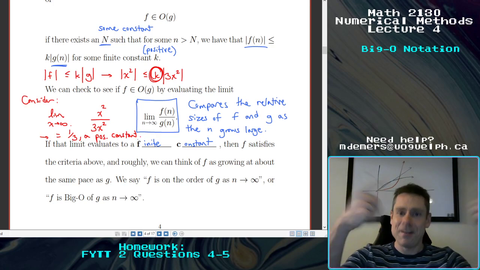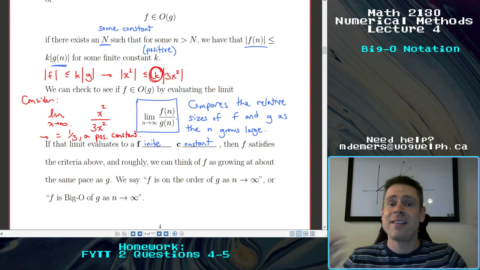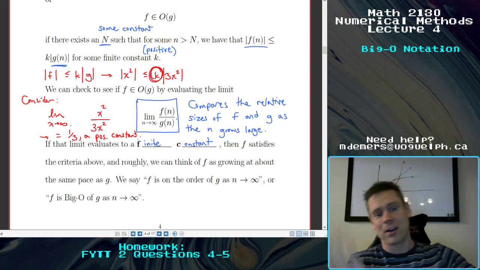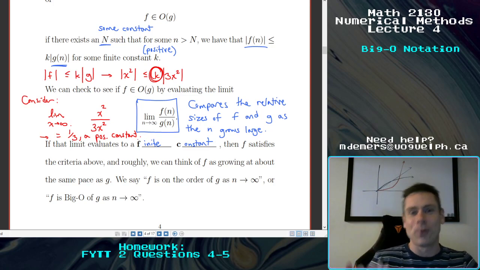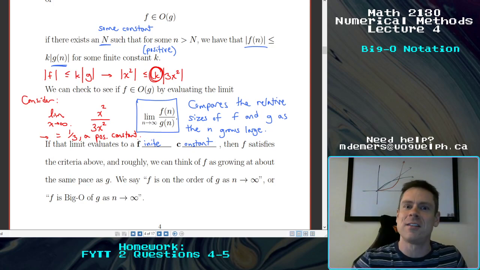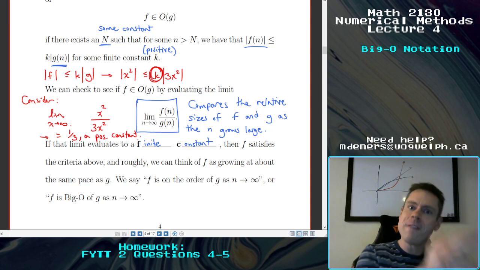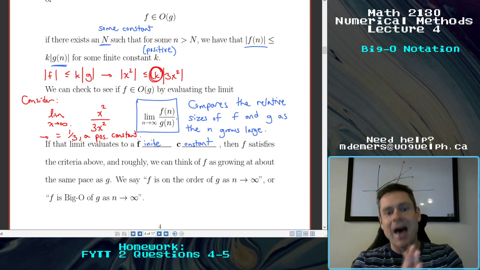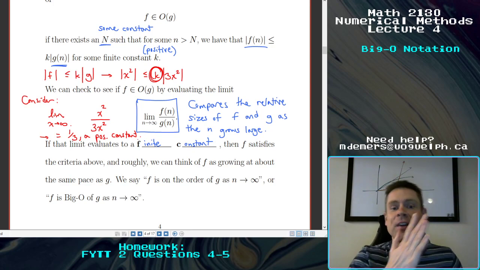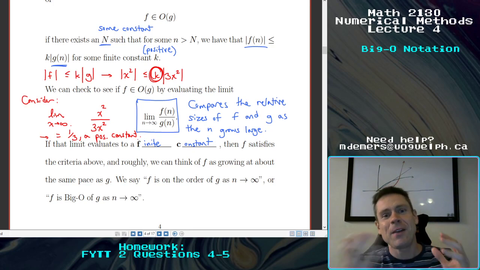And because it evaluates to a positive constant, that tells us that x squared is on the order of 3x squared. It turns out that 3x squared is also on the order of x squared, with some different constants and so on. It's really just a measure to say that one function grows quite like another one does as the parameter gets very large. So it's a little bit weird, right?